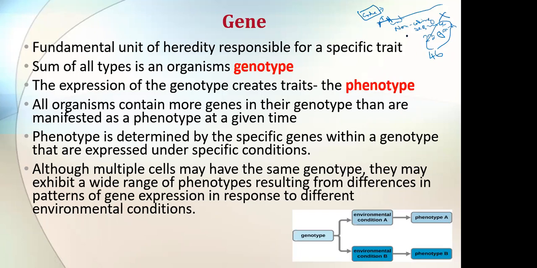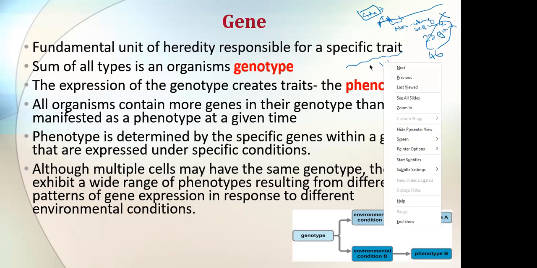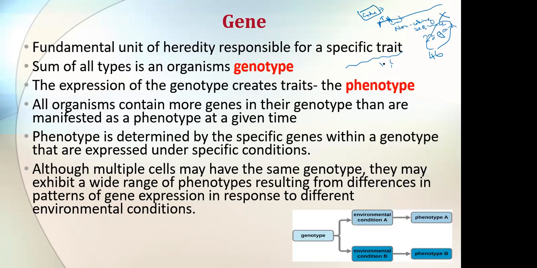Let's say this is our number 1 chromosome, and probably in this chromosome we have maybe 12,000 genes. We have 46 chromosomes.